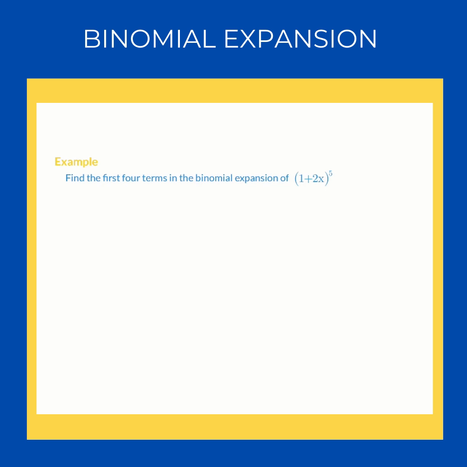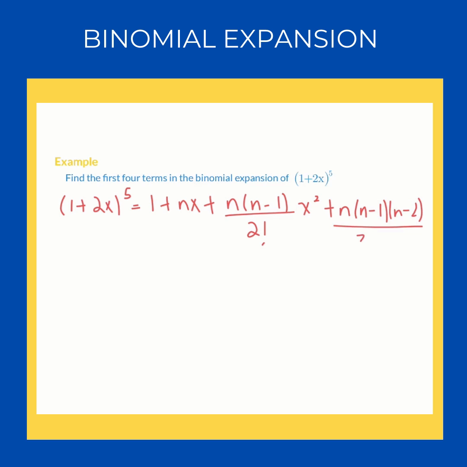According to the binomial expansion rule, I know that 1 plus 2x to the power of 5 is equal to 1 plus nx plus n times n minus 1 over 2 factorial x squared, plus n times n minus 1 times n minus 2 over 3 factorial x cubed, and so on.